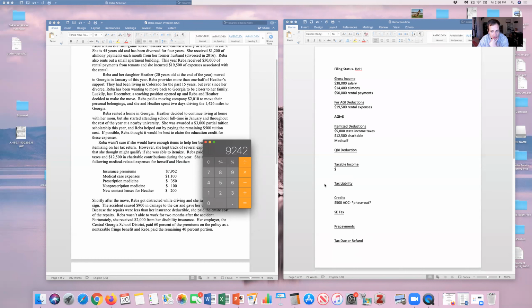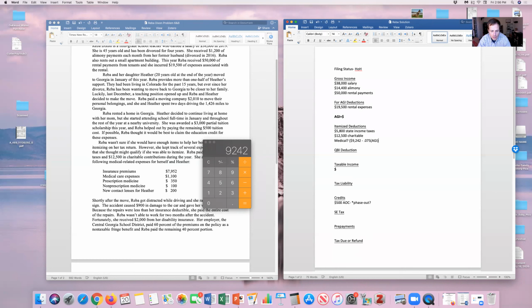So she's got 9,242. But for 2019, she's going to have to subtract 7.5% of Reba's AGI.